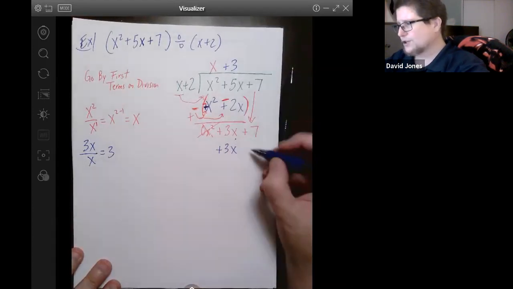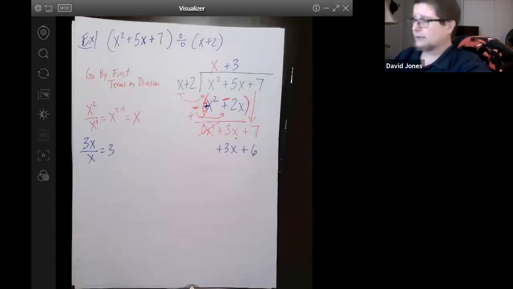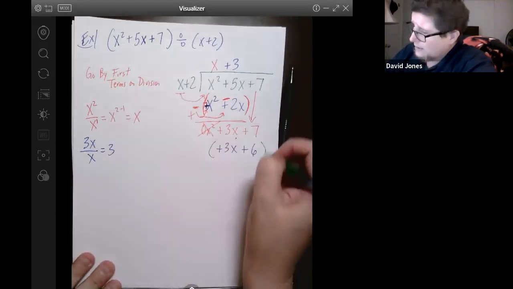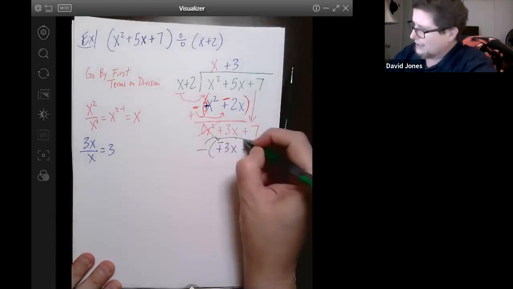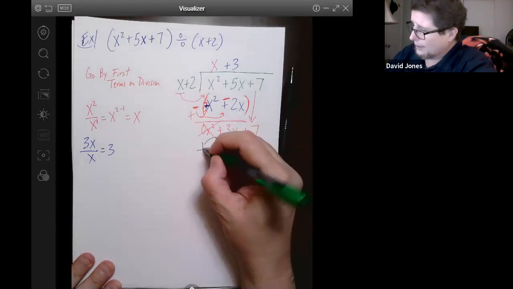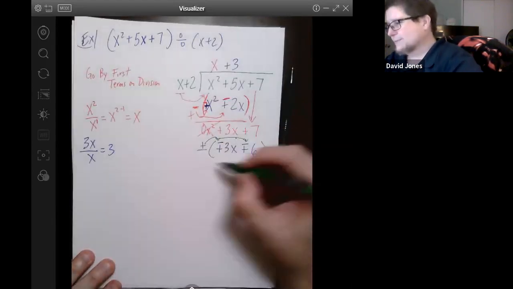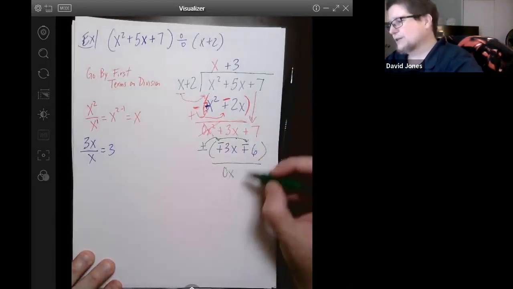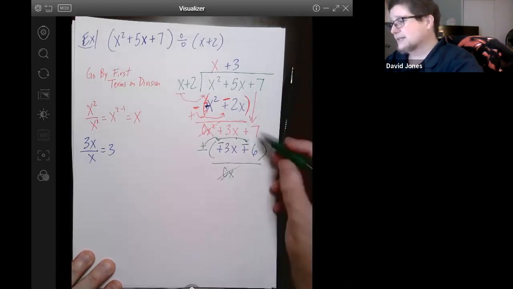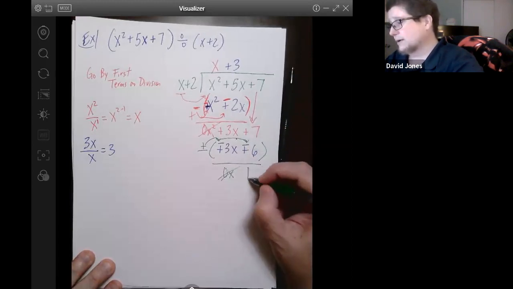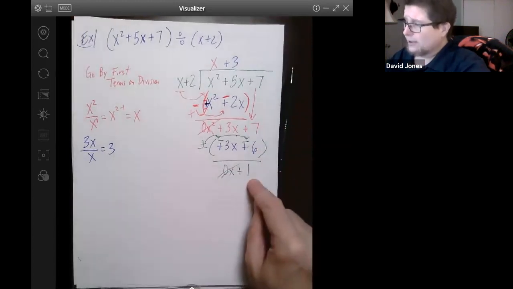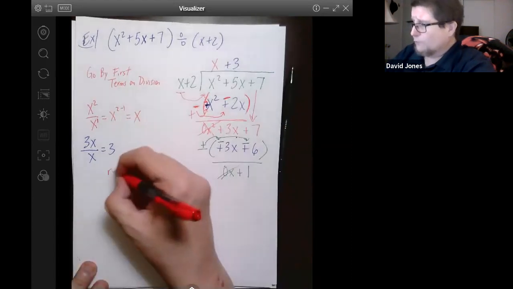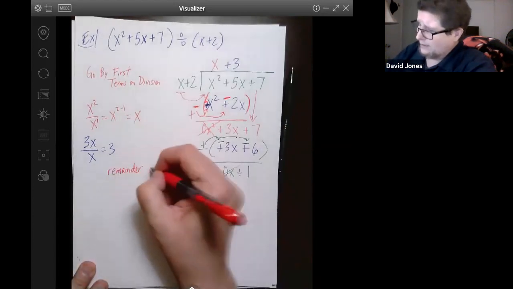Plus 3 times 2 is plus 6. Again, I'm going to subtract, and when I move the sign in, I change the signs. 3x minus 3x is 0x, which we don't need. We can cross it off. 7 minus 6 is 1. That's the remainder. Remainder of 1 goes over the divisor.